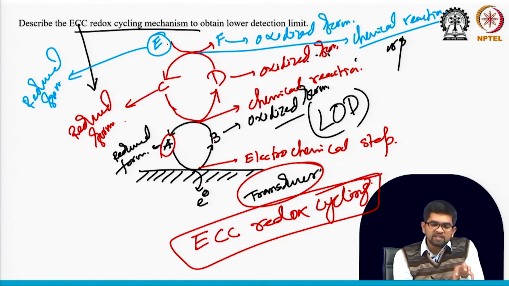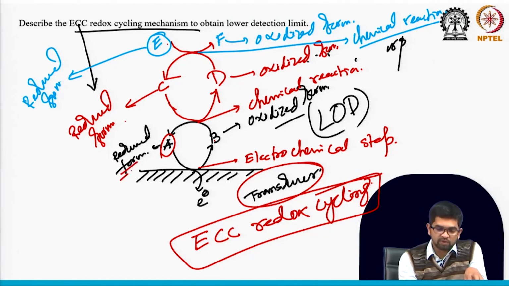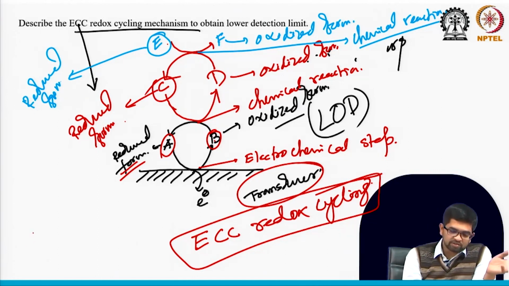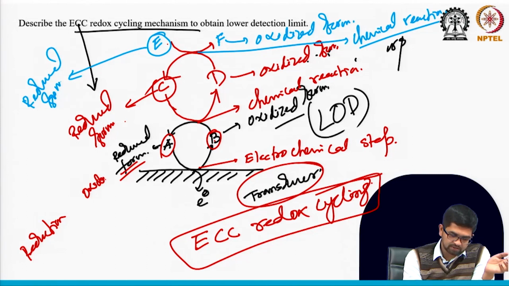So, this A should be in the reduced form, and it forms B, that is the oxidized form. So, you have to take again a reduced form, C, so that your B will be converted to A again. And naturally you know the redox reactions: reduction is one, another is oxidation.